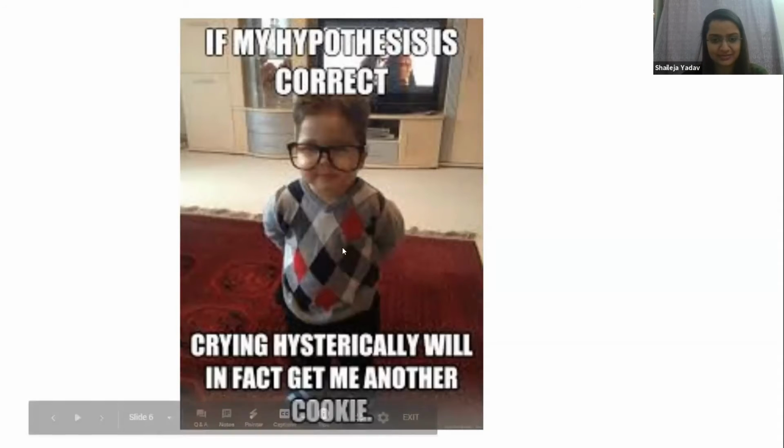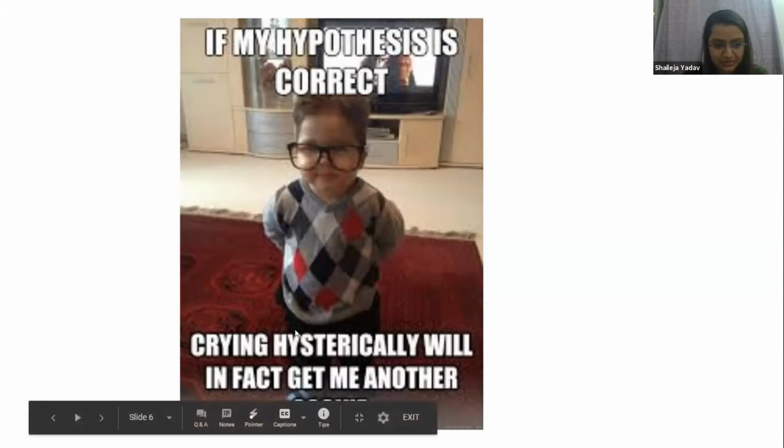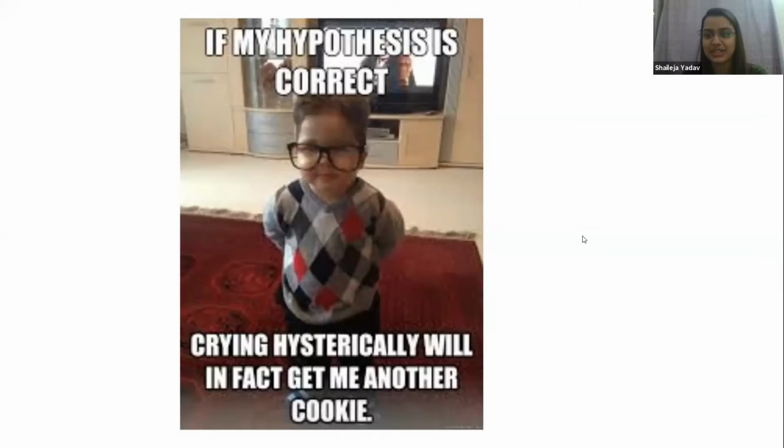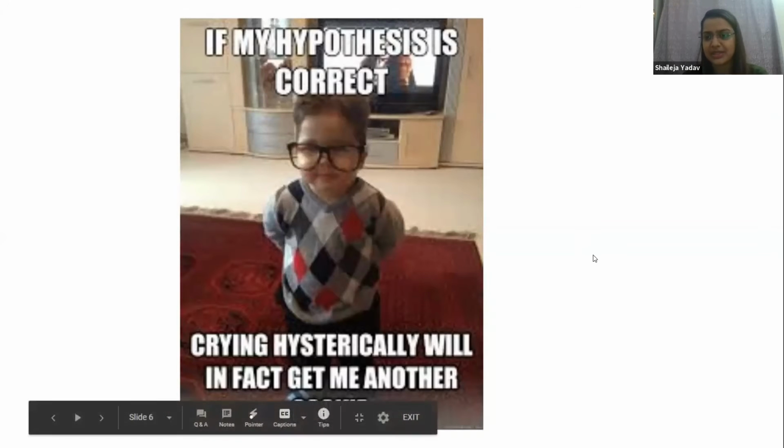Okay, anybody want to go? Cookie is the dependent variable. Okay, getting the cookie is the dependent variable, yes. And crying will be the independent variable. So we can substitute this with any amount of studies that we have done. Crying hysterically is the intervention that the person is going to give. This is the stimulus, and getting the cookie is the result that the person is expecting.